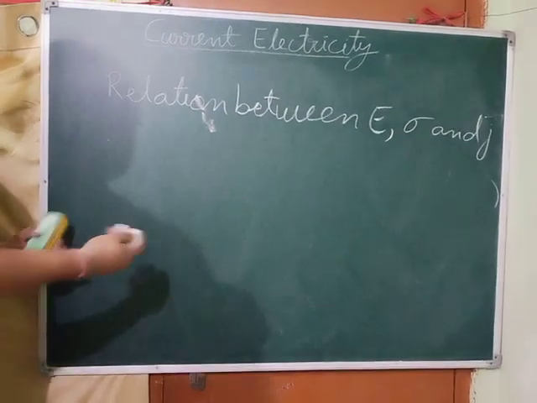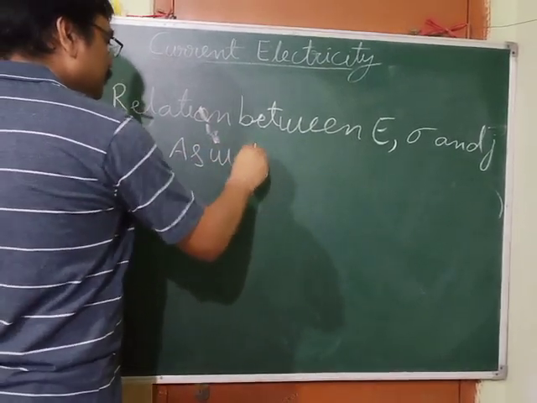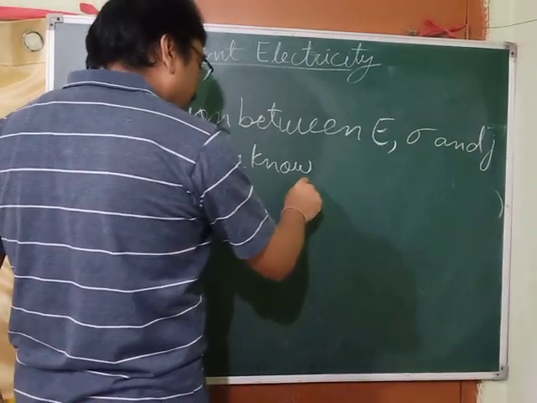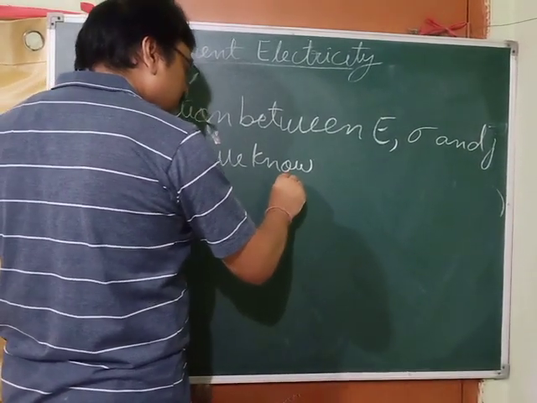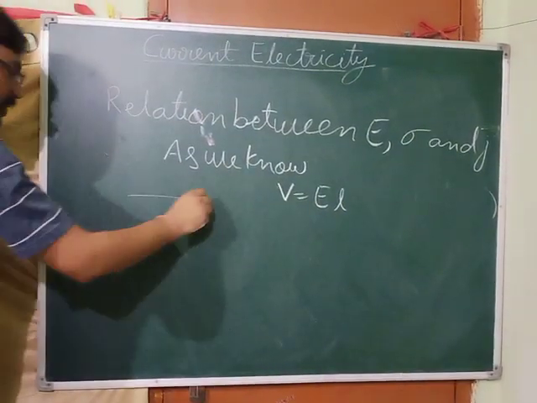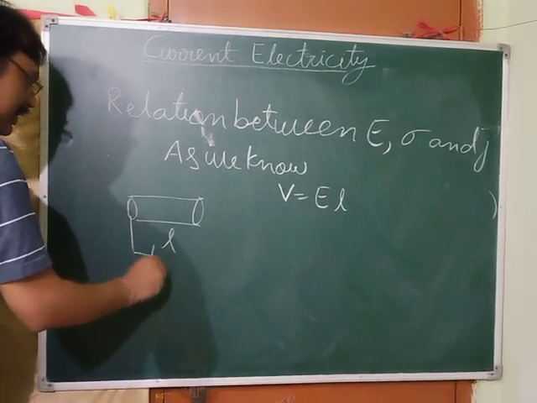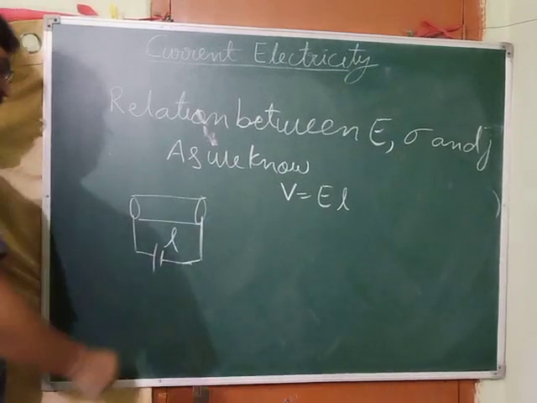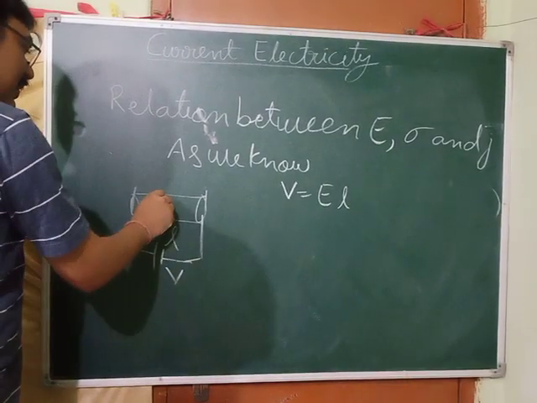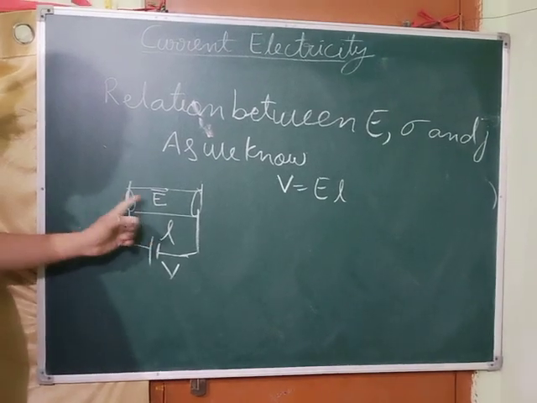So now, first we can write, as we know, V is equal to E into L. Suppose there is a conductor of length L, and we are applying a potential difference V across it with the help of a cell, and the electric field set up inside the conductor is E, that is uniform electric field due to application of this potential difference.